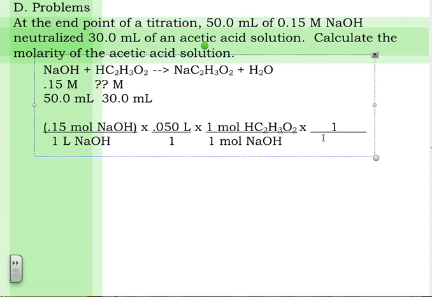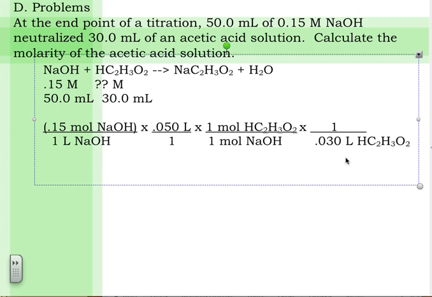We have 30 mL, or 0.030 liters of the acetic acid. You'll end up with your moles of acetic acid divided by your liters of acetic acid, and when we do that, that equals exactly 0.25 molarity of the acetic acid.